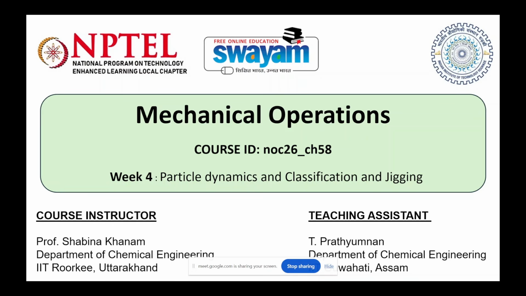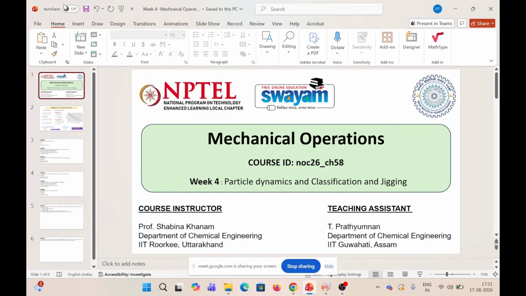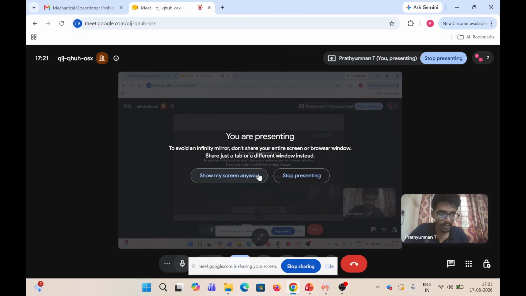So, anyone who knows what exactly the Reynolds number is? It's a dimensionless number. How do you define the Reynolds number?